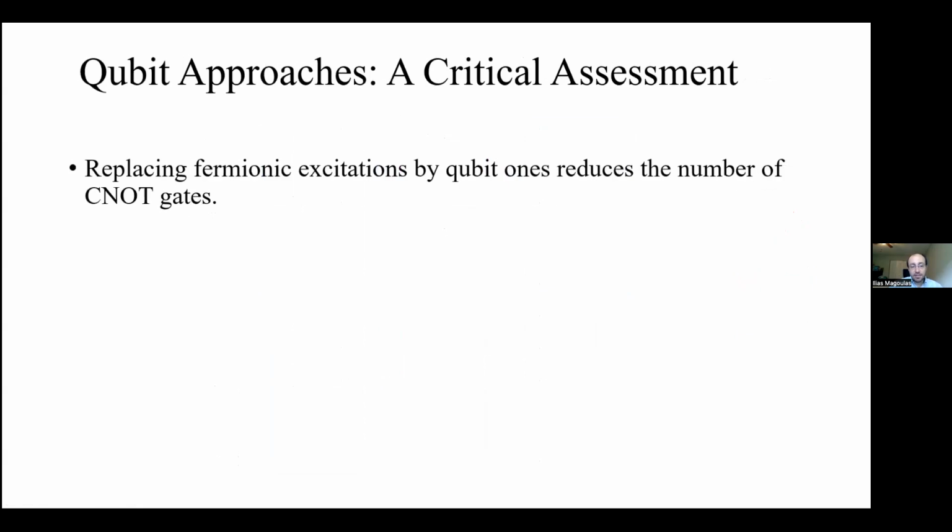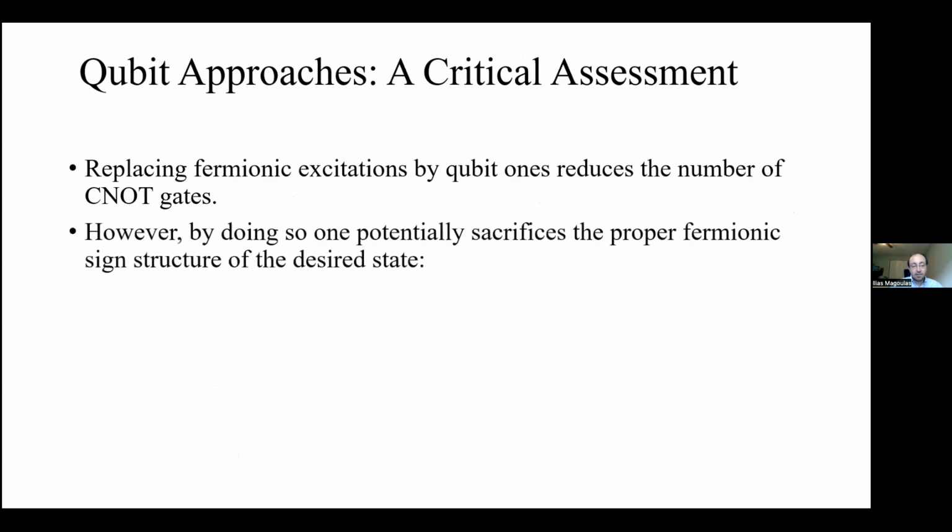So we saw that by replacing fermionic excitations by qubit ones, we can reduce the number of CNOT gates. There is, however, one problem: by doing this, we potentially sacrifice the proper fermionic sign structure of the desired state. And we can see that by looking at how the second quantized and qubit creation operators behave.